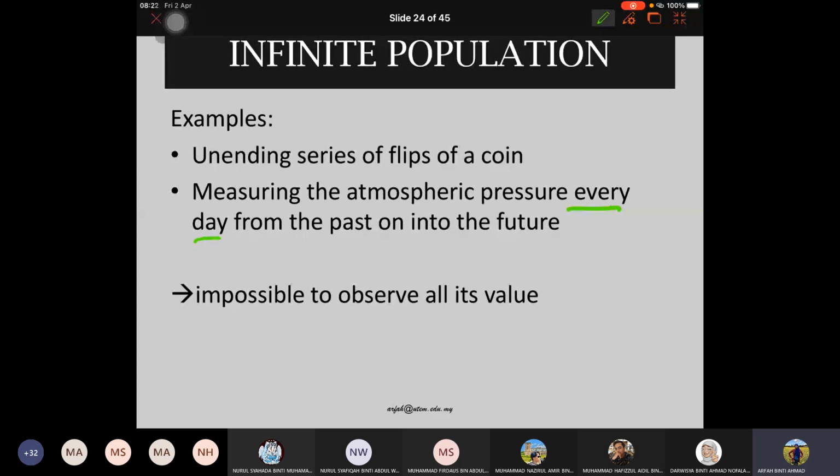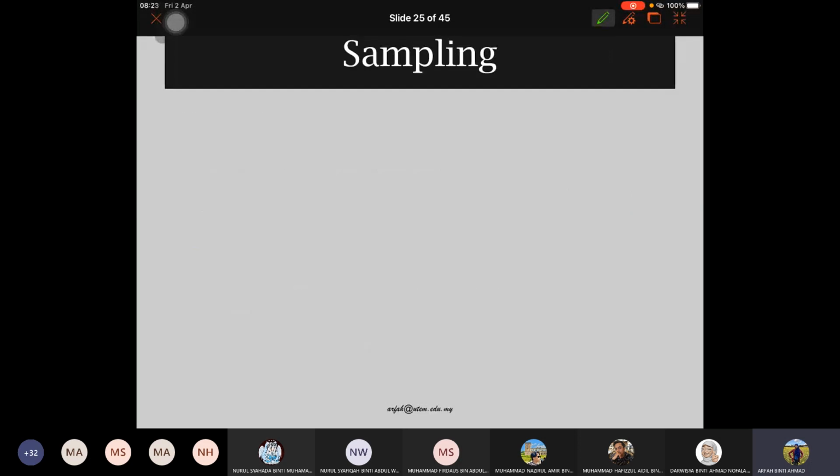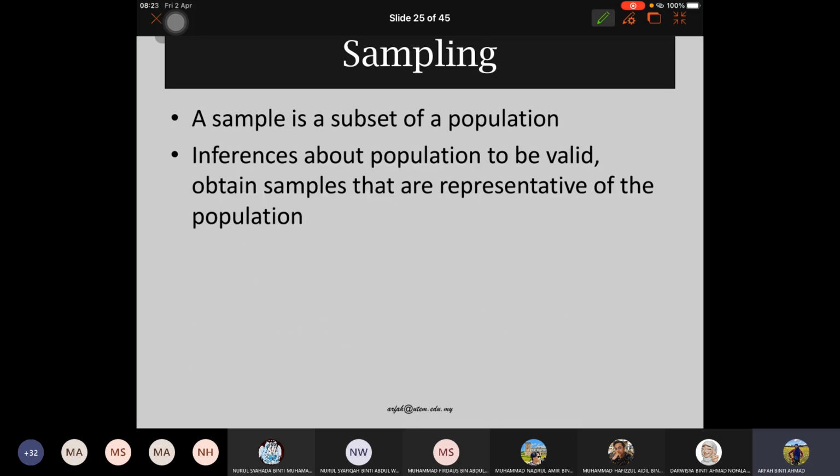So in this case, it is impossible to observe all its values. So it is necessary to just use the sample. Hence, we have the sampling. So a sample is a subset of a population and for inference about the population to be valid, we will obtain samples that are representative of the population.